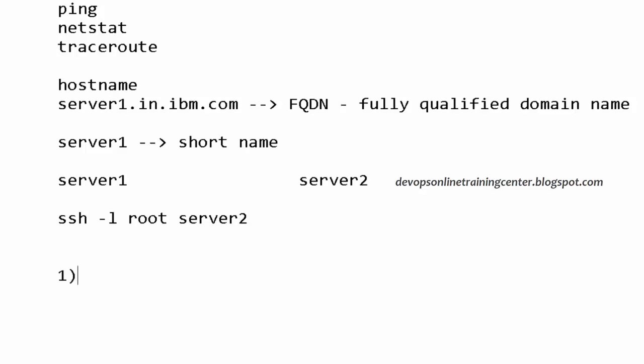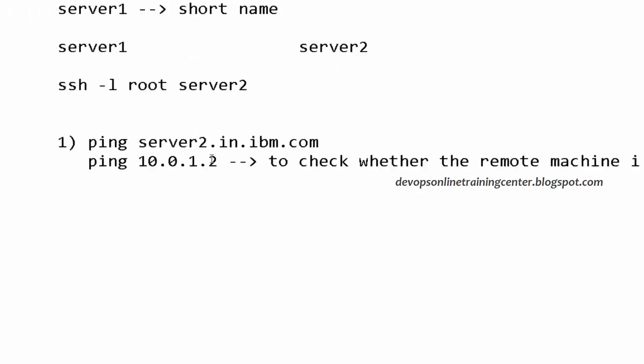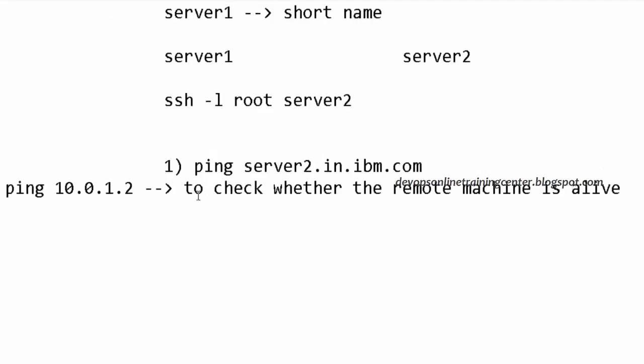The first thing to do is ping server2.in.ibm.com, or the IP address, something like ping 10.0.1.2. This checks whether the remote machine is alive or not, meaning it is up and running and the network connectivity on the other machine is up.